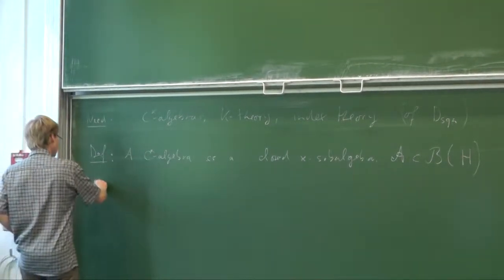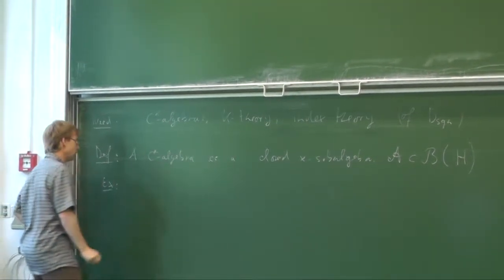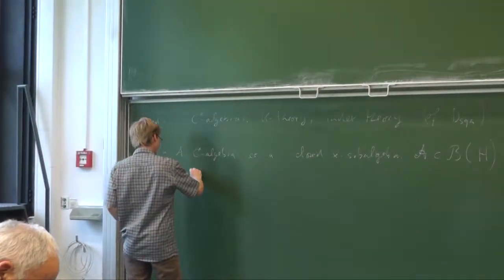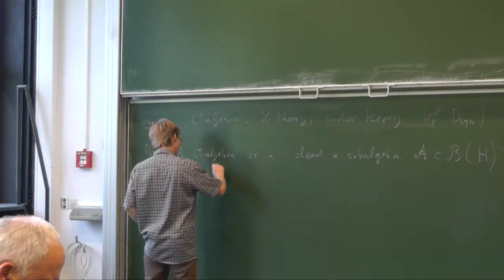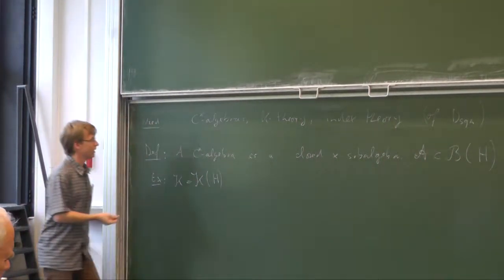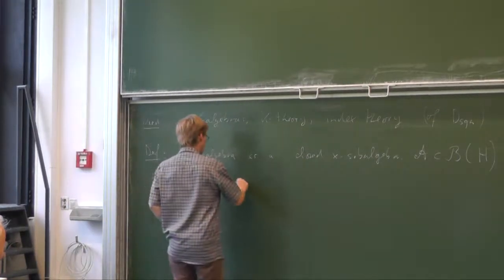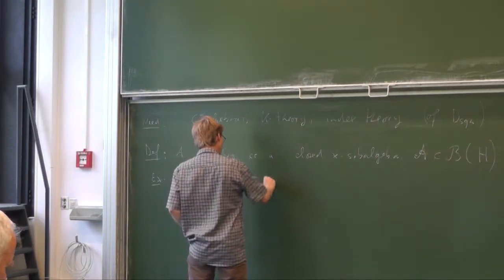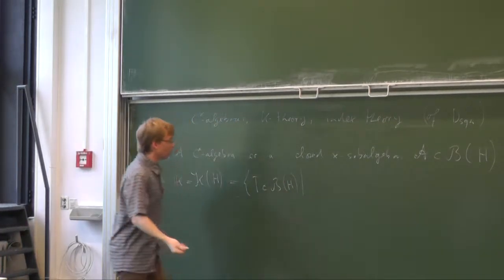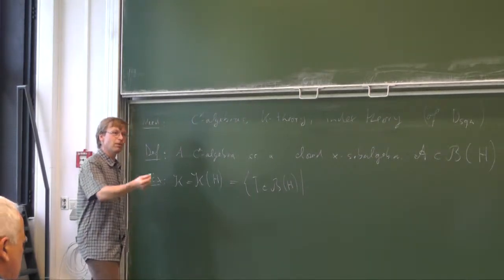Let's look at examples. An obvious example which fits into that is the compact operators K on a Hilbert space, which is a C-star algebra. Just to remind you, these are bounded operators which are compact in the sense we saw last time.